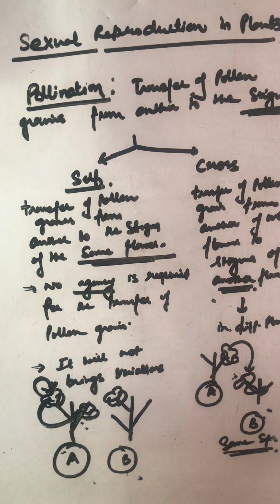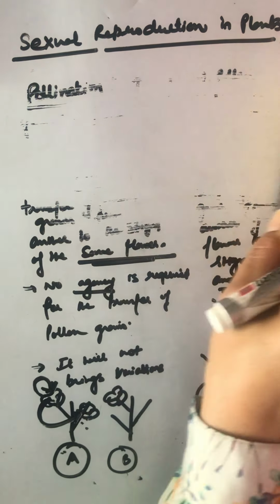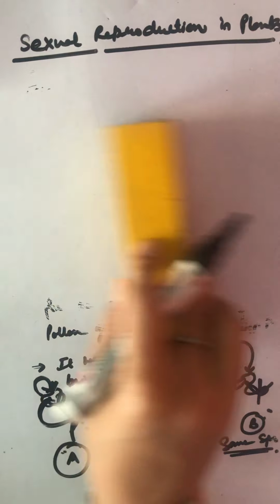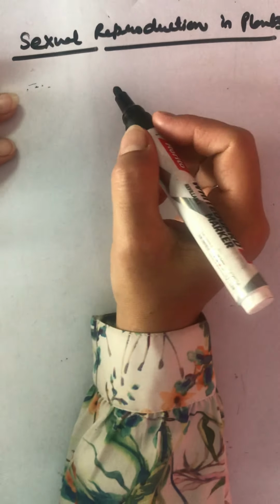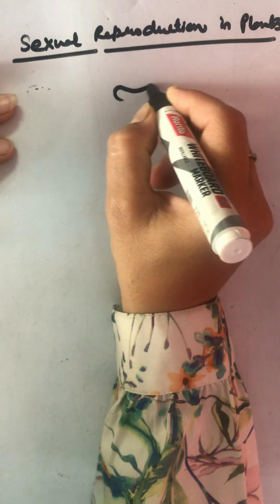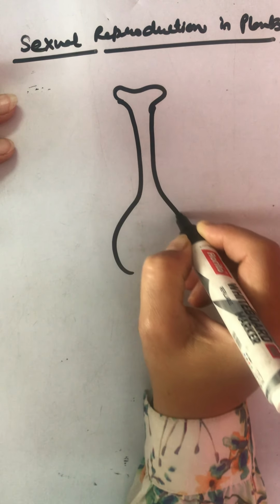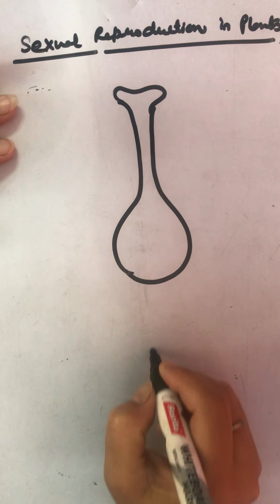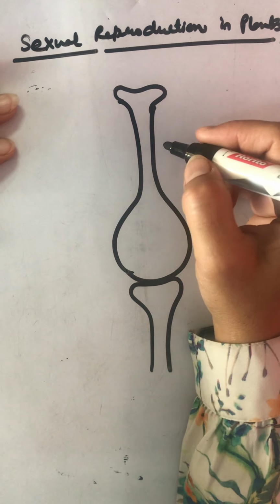Now moving to the process in detail. What has happened? After pollination, the pollen will come and sit on the landing disc. We are not drawing much of the portion of a flower.